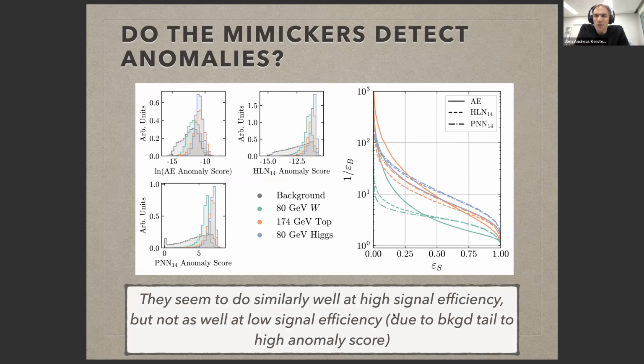Okay, great. So why am I interested then in the AUC under this curve? For a real analysis, you would essentially decide on one particular cut and then use whatever signal efficiency and background rejection you get for that cut. And essentially, as long as this one point works very well, I don't really care what happens for other choices of cuts. So why is this AUC relevant for this curve?